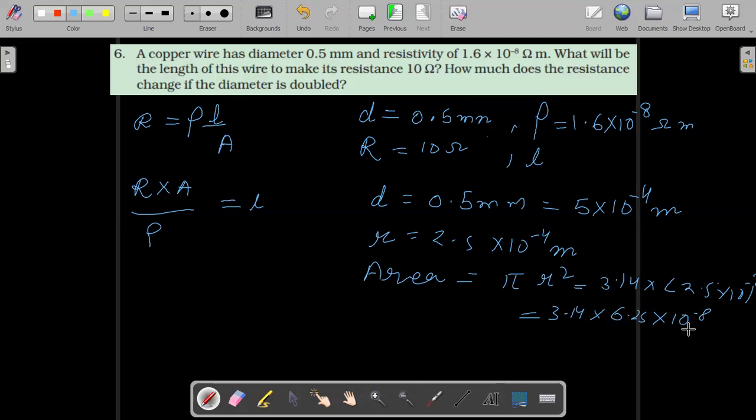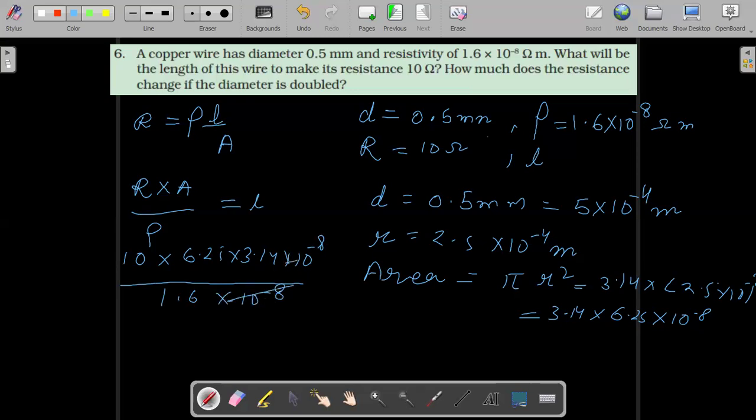Yes. Okay. So we'll put this value of area over here. We already have the value of resistance and resistivity, so we can find the length. Putting the values, we have the resistance R as 10, multiplied by the area, 6.25 multiplied by 3.14 multiplied by 10 to the power minus 8, divided by the resistivity, which is 1.6 multiplied by 10 to the power minus 8.